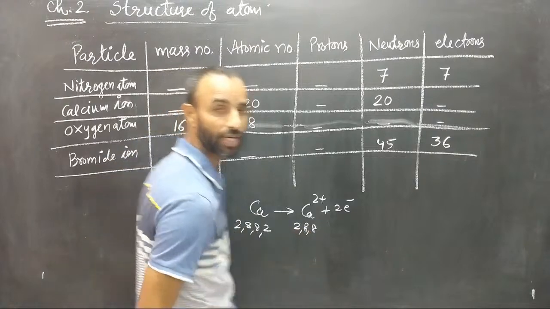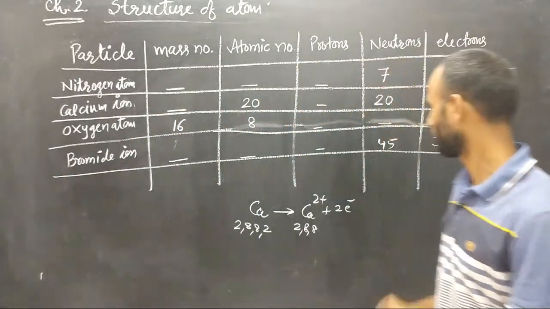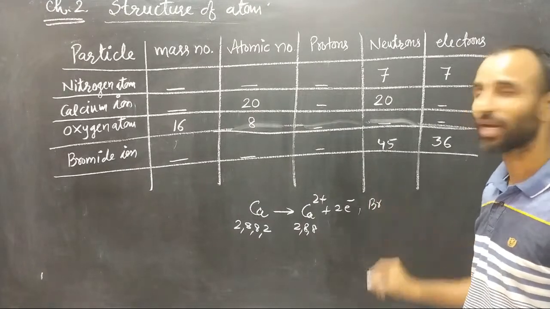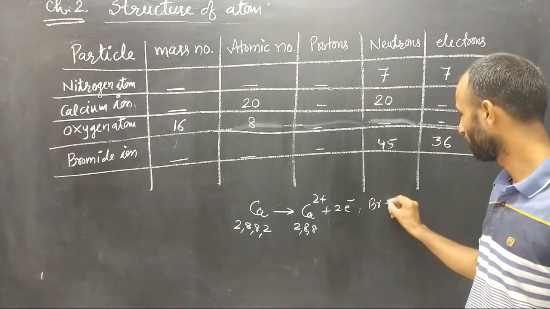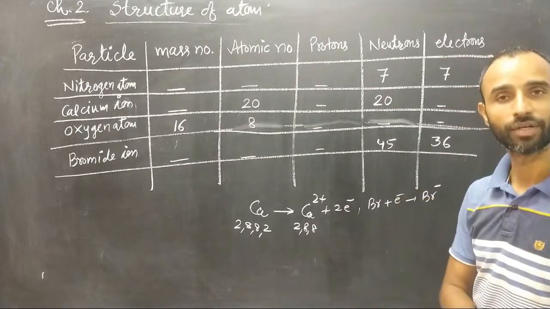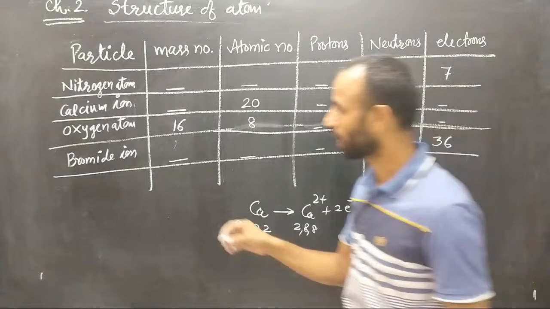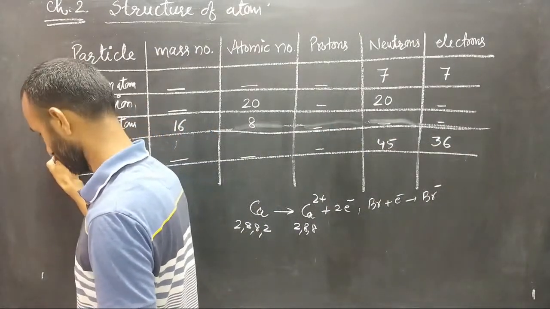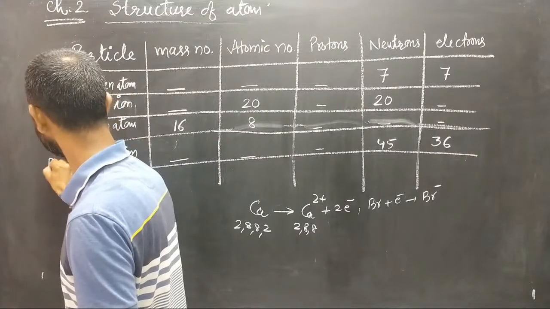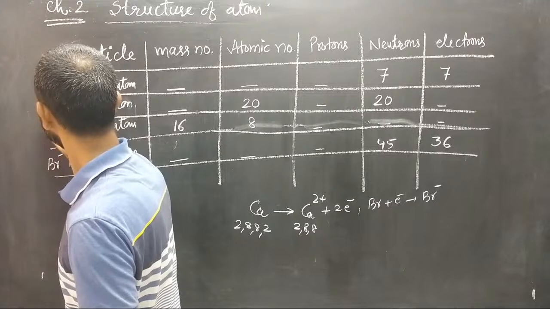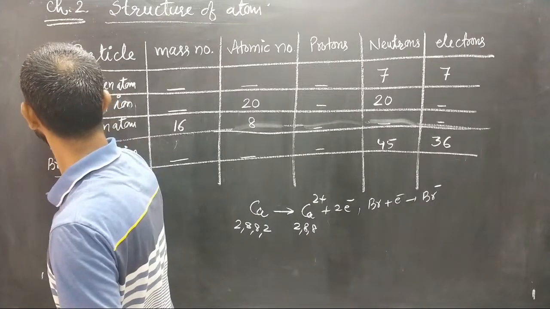And bromine, you know halogens, they will gain only 1 electron. So the bromide ion is actually Br negative. This is simply oxygen. This is calcium 2 plus.